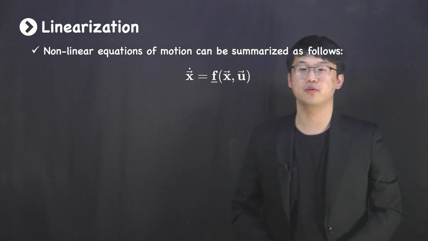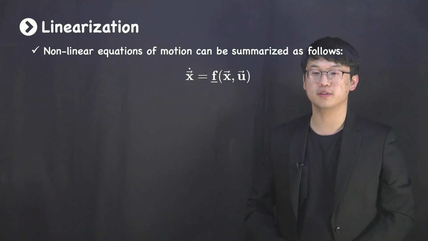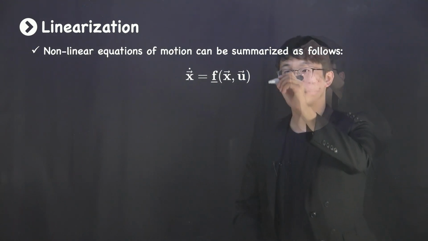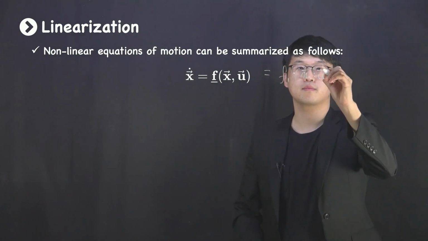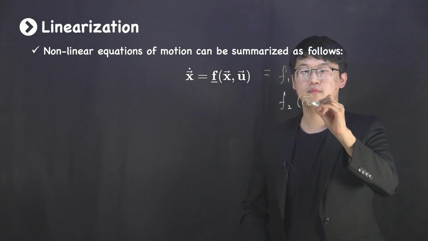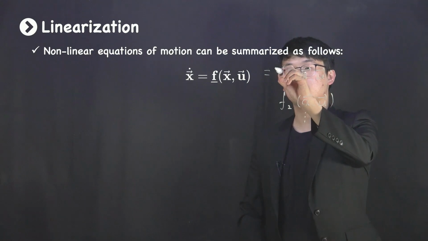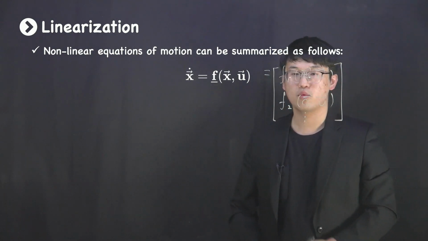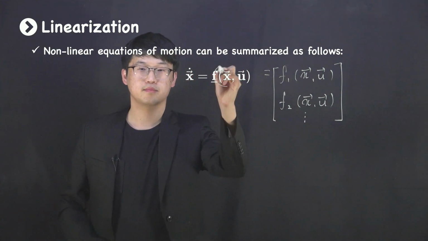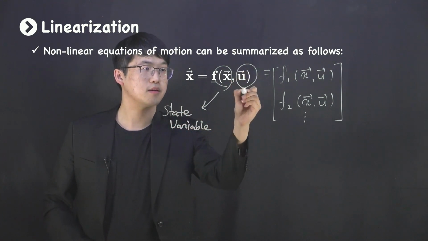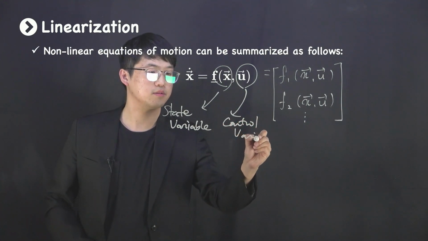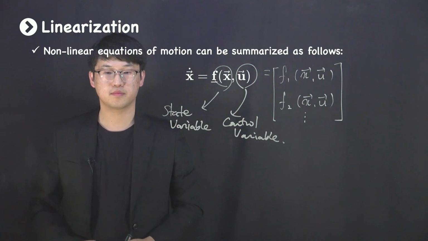After you derive your equations of motion, the final results will be summarized into the form x dot equals a vectorized function f(x, u), where x and u are state variables and control variables, which are also vector quantities we will define after a while.